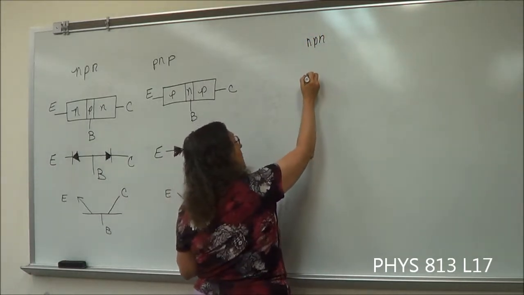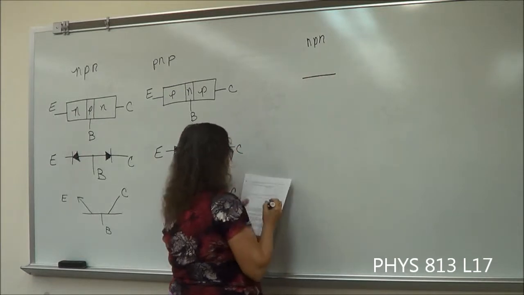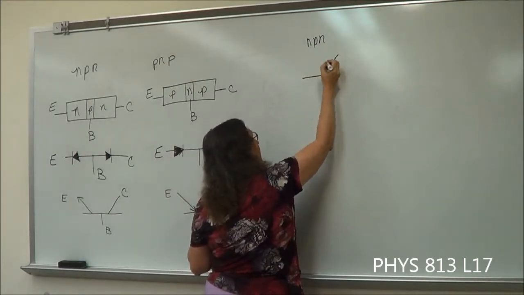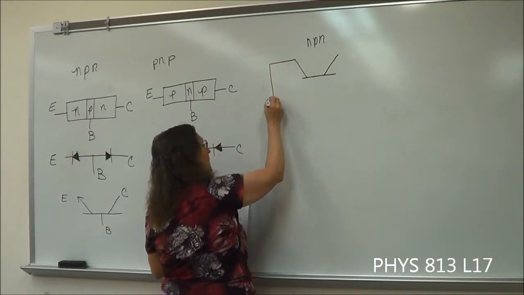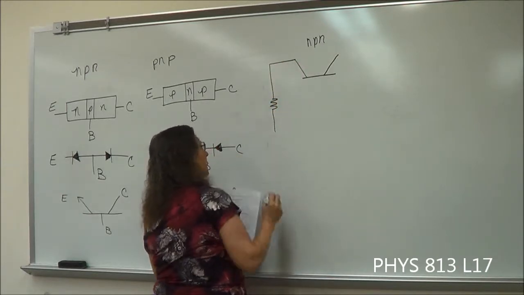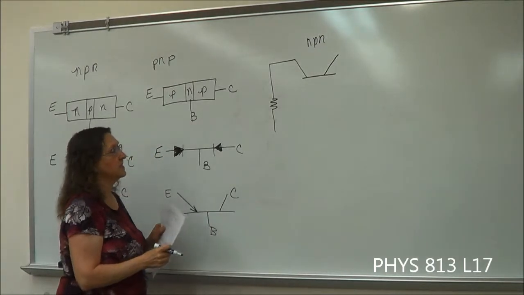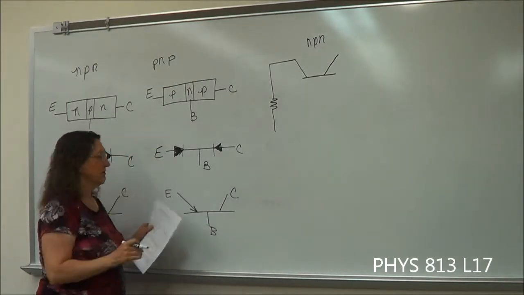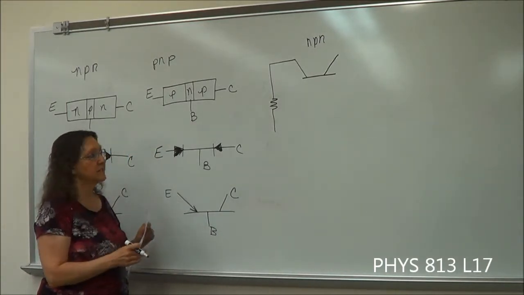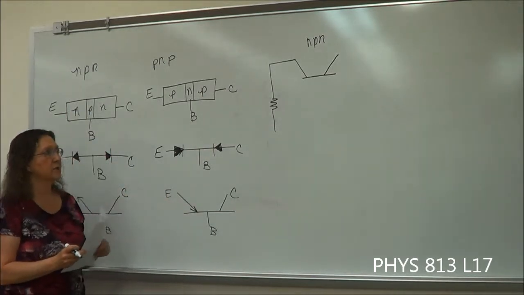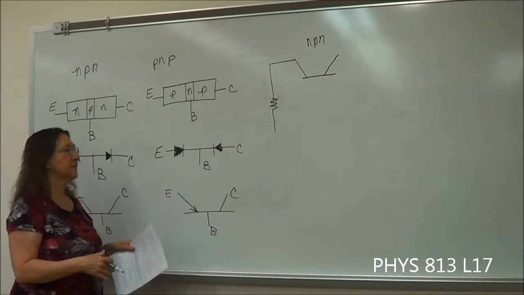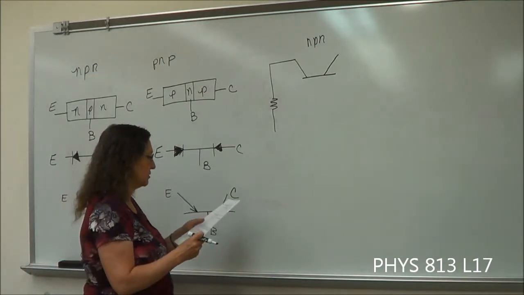I'm going to start by drawing the transistor up here and have a slanted line, we go over and down, and there's always, or should be, a resistor in each of the, well, maybe not all, but some of the leads, because that's how you're going to control some of the currents, with the resistors.